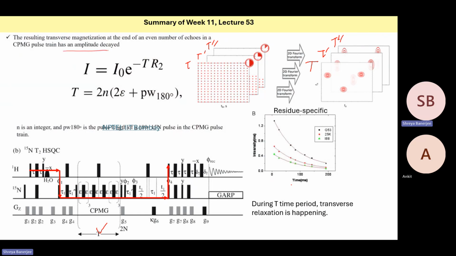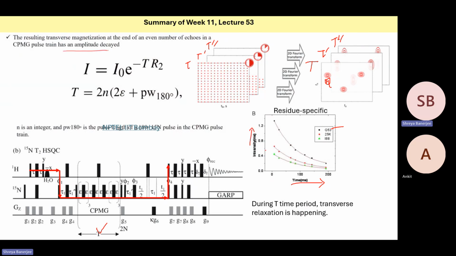So this t is varied along the x-axis, and in the y-axis, these are again residue specific. So here you can see glutamine, lysine, isoleucine. Suppose this is Q, this Q53 that you have plotted. You calculate the intensity and plot it along the y-axis.